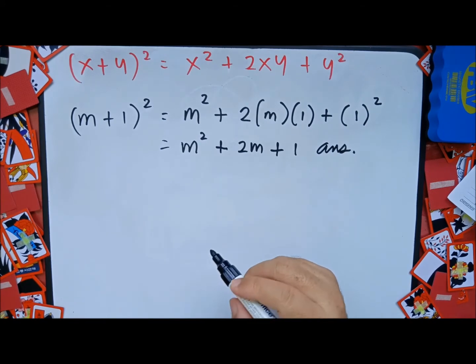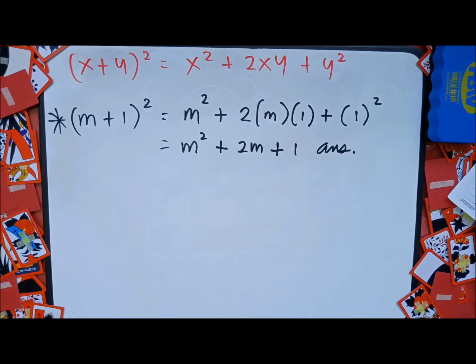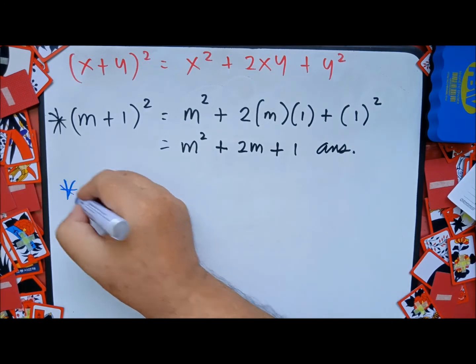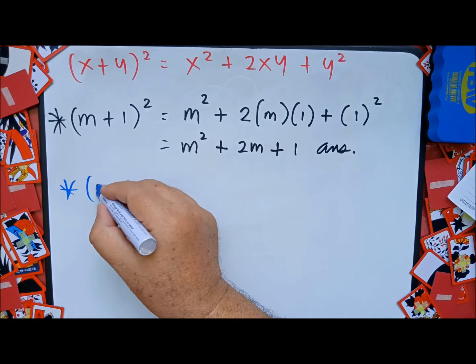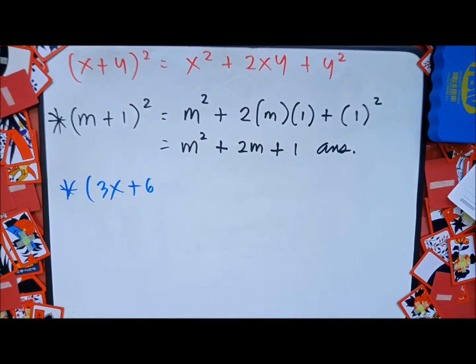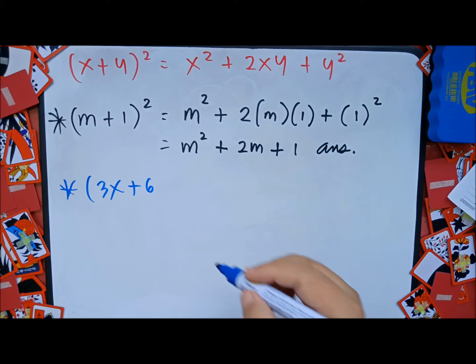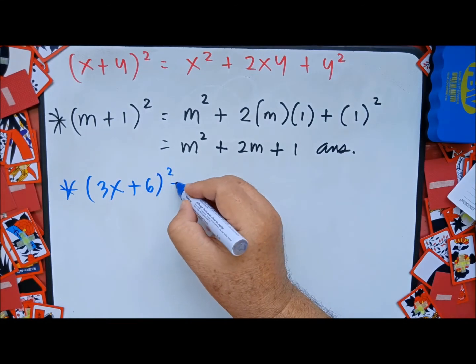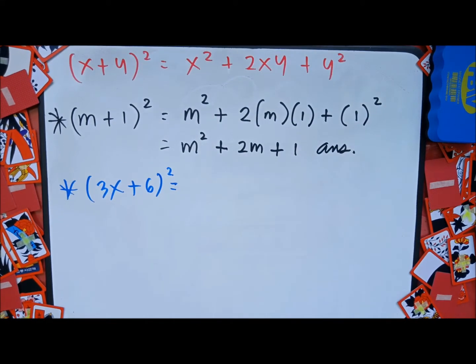Again, I'll give you another sample: (3x + 6) squared. Okay, so what will we do? Substitute.